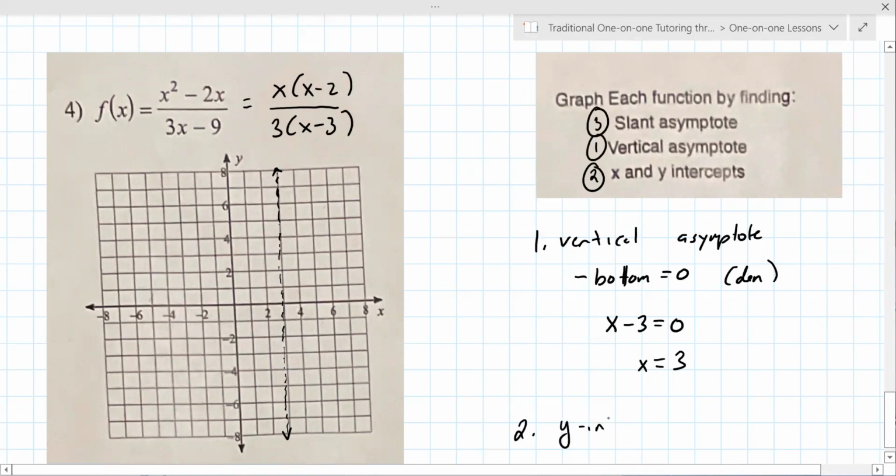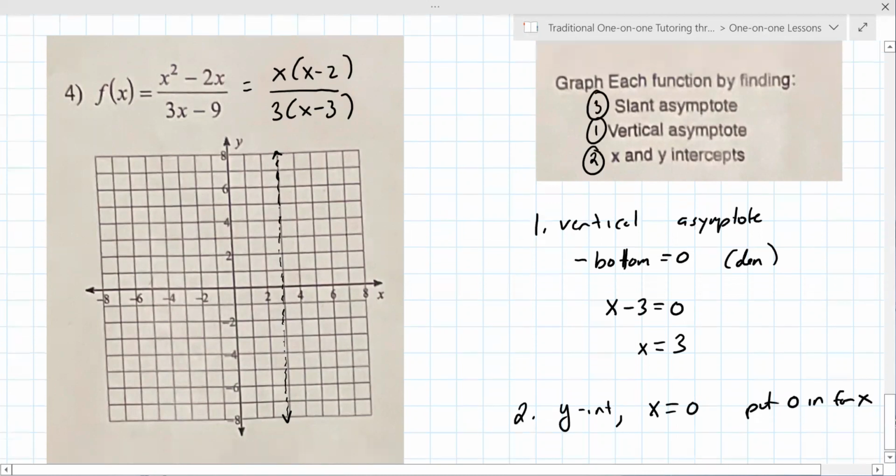So the y-intercept is when x equals 0. You put 0 in for x. And you can do it in either form. Sometimes it's better to work with one or the other. I think it's better to work with the non-factored form for that.